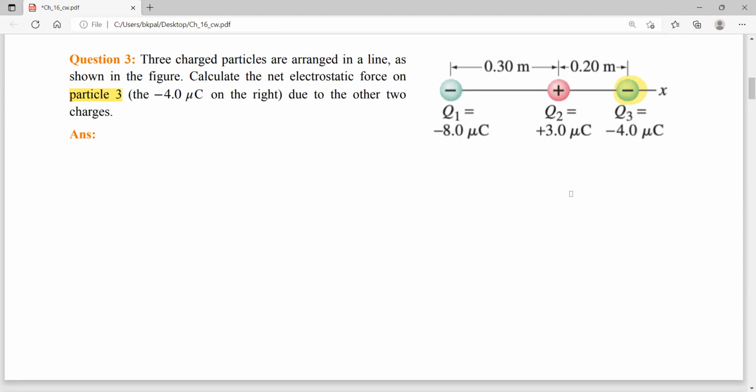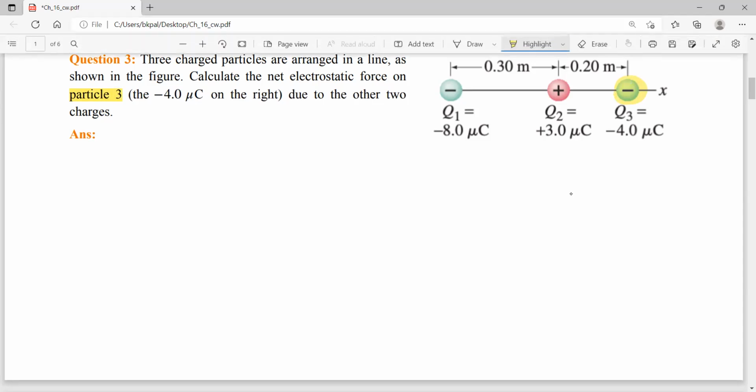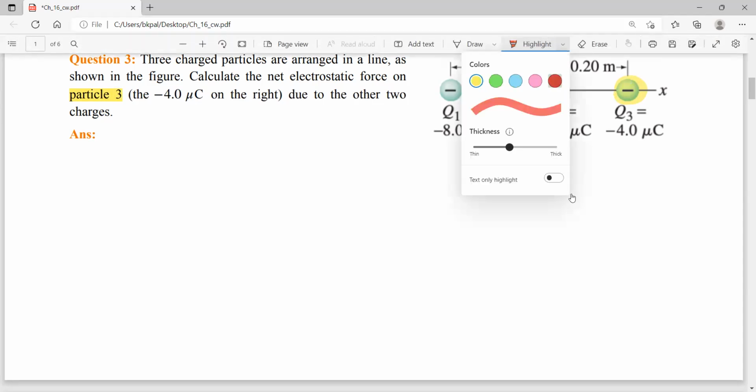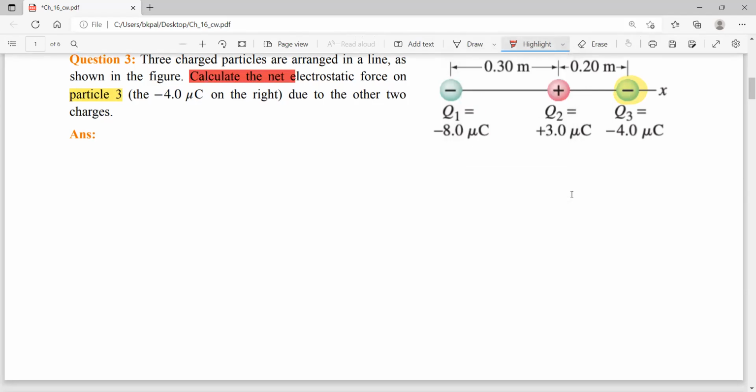So we have to calculate the net electrostatic force on Q3.